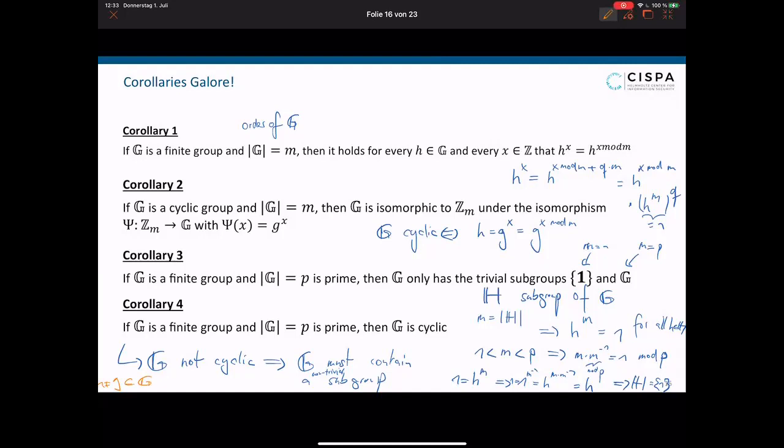We typically write that: if we have some g in G, then we write the cyclic subgroup generated by g, all powers of this g.